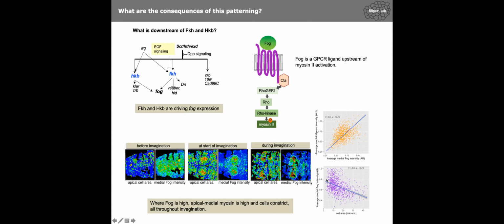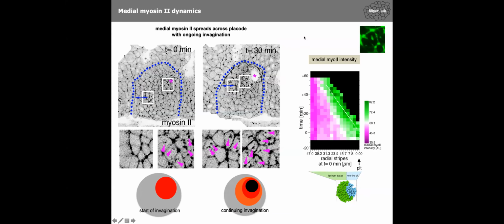And wherever FOG is high, the cell area is decreasing. So where FOG is high, we see high apical medial myosin and the cells constrict, leading to invagination. But so how does the myosin look if we look at this in more detail, actually, at these different time points?